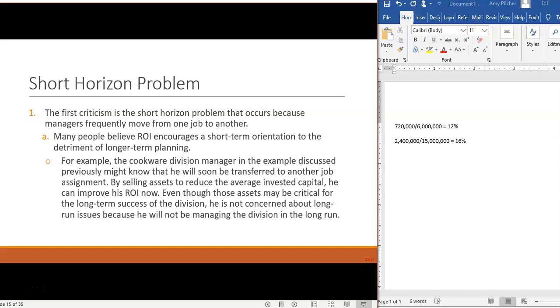So ROI looks at short term instead of long term, because if those managers are just trying to improve their ROI now, they're not going to be interested about things that can change the long run horizon because they don't plan to be there for the long run. They plan to be transferred to another job or promoted somehow. So they might sell off a bunch of assets in order to make their average invested capital lower, which really bumps up their ROI.